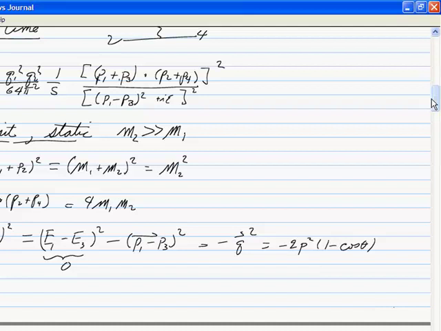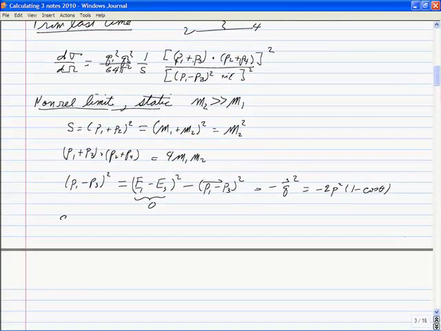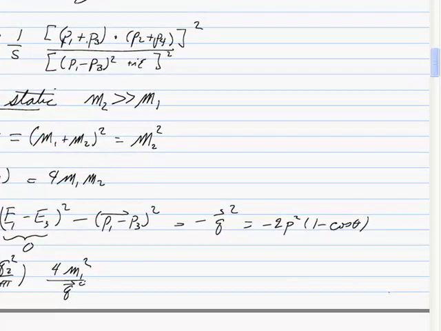Here there's an m2 quantity squared from here divided by s, which is m2 squared. So the heavy guy disappears from the whole calculation, and the cross section turns into d sigma d omega is q1 squared over 4 pi, q2 squared over 4 pi, 4 m1 squared over q vector to the fourth. Okay, so the heavy guy drops out.